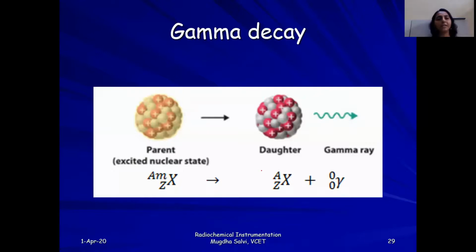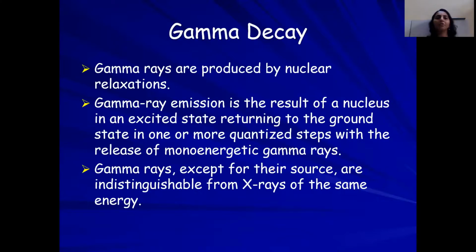In a gamma decay, the parent is excited, and you have a daughter and a gamma ray, but you will observe that the atomic mass number and the atomic number both remain the same. There is no loss. Gamma rays are produced by nuclear relaxations. Gamma ray emission is a result of a nucleus in an excited state returning to the ground state in one or more quantized steps with the release of monoenergetic gamma rays.